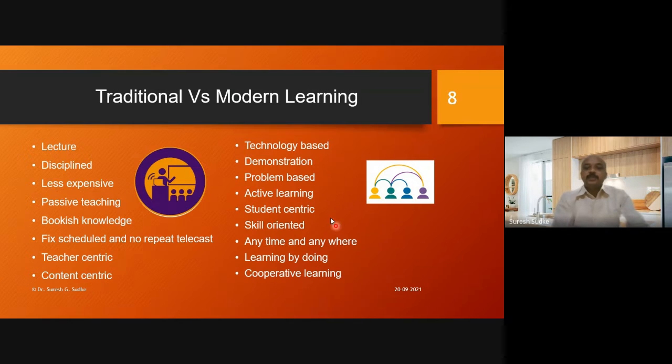Thereby there will be development in the skills of the student, and this modern learning pedagogy is possible at any time, anywhere. Here our students understand the concept of learning by doing, and this is nothing but cooperative learning.